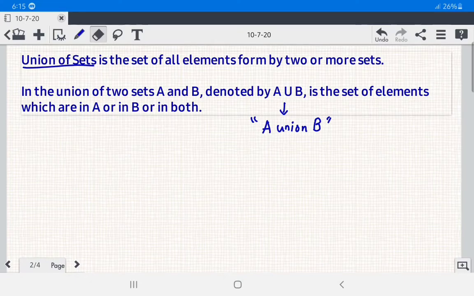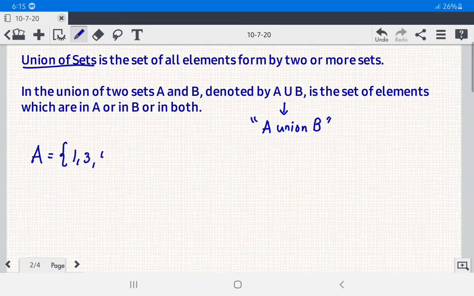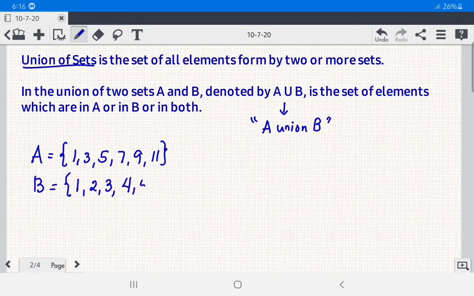So let us have set A and set B as a joint set. Let's say we have set A, the set of all odd numbers from 1 to 11: 1, 3, 5, 7, 9, 11. And then set B, we have numbers from 1 to 5: 1, 2, 3, 4, and 5.